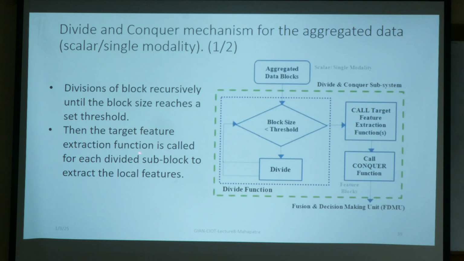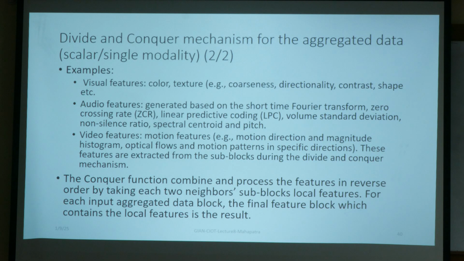Then the target feature extraction function is called to extract the local features. Here's the example given of how the divide and conquer mechanism is done with the scalar or singular modality, and similarly you have another for the multiple modalities.